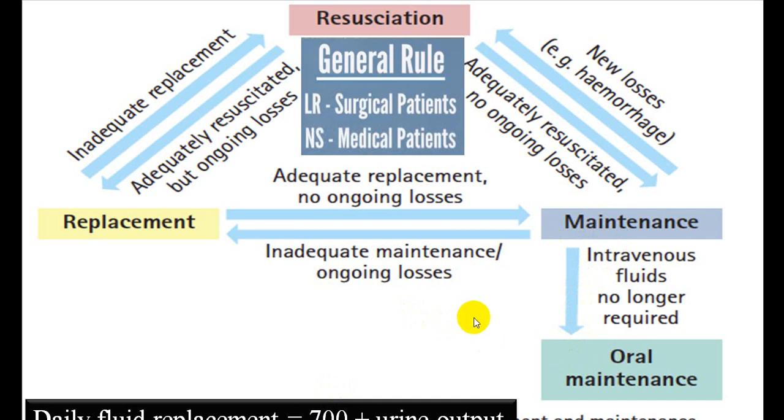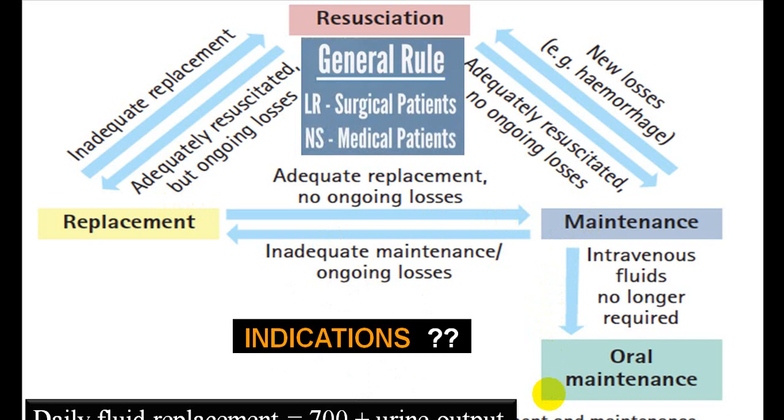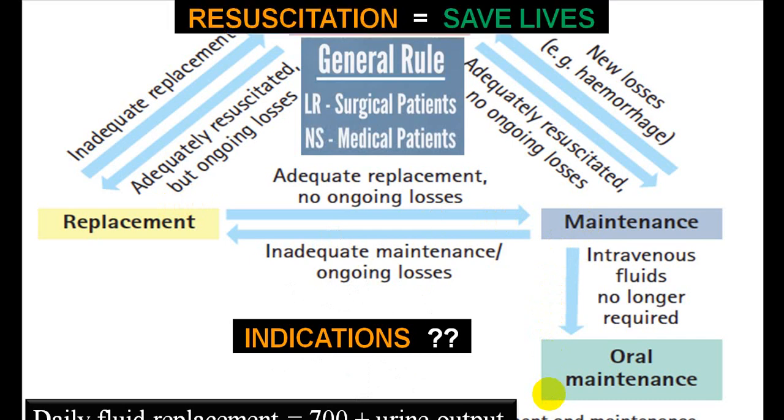This will be the main principle of IV fluid. So we use 3 terms: resuscitation, replacement, maintenance, and then we go for de-escalation. So we slowly reduce the amount of IV fluid. So that will be the main principles.